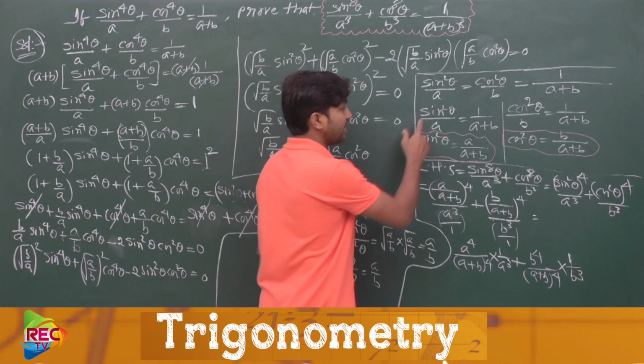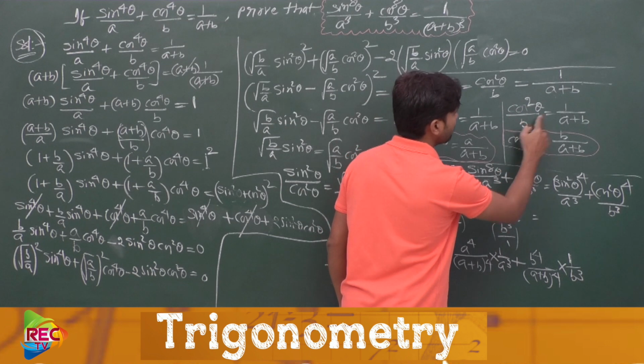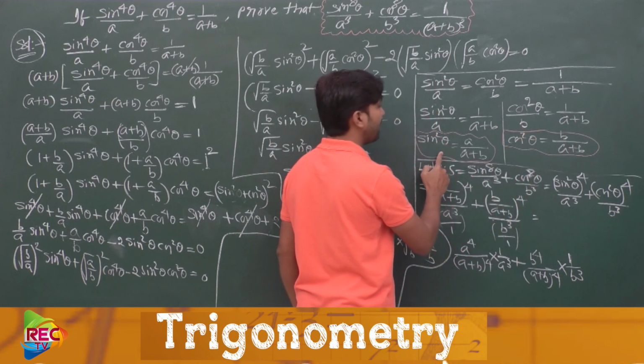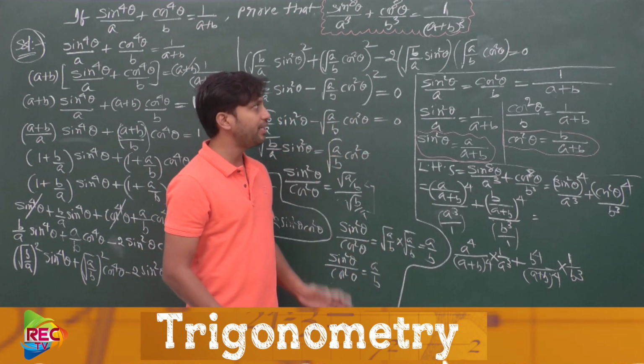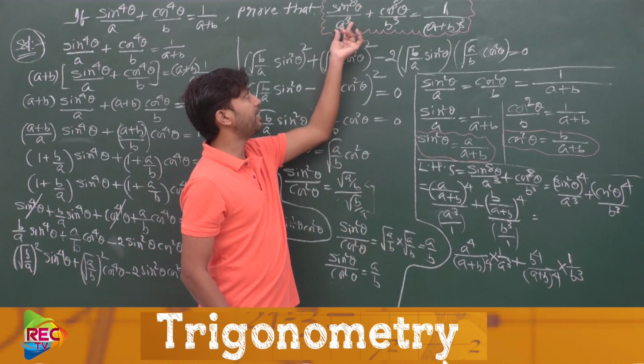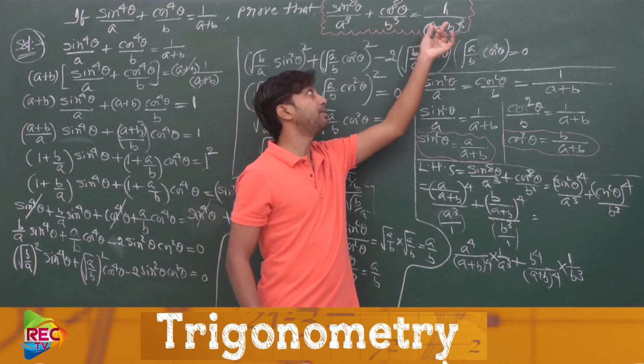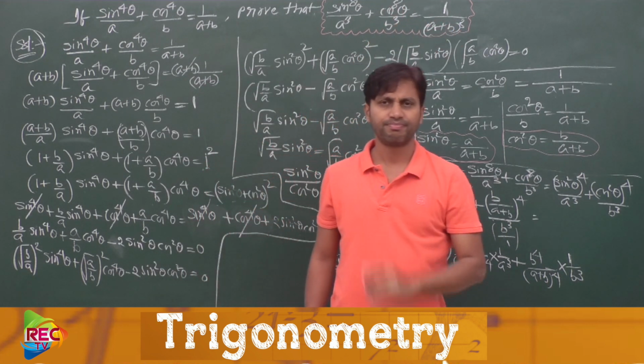Then sin square theta by a equal to 1 by a plus b, cos square theta by b equal to 1 by a plus b, and we obtained the values of sin square theta and cos square theta, and we need to prove here sin power 8 theta by a cube plus cos power 8 theta by b cube equal to 1 by a plus b whole cube.